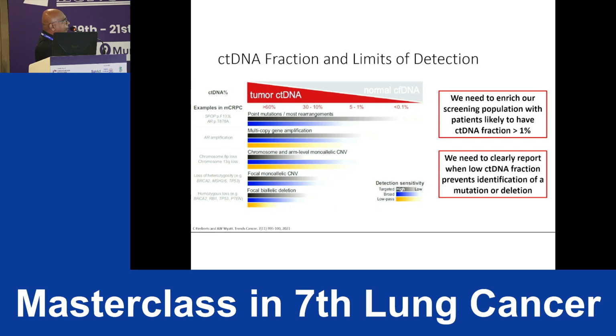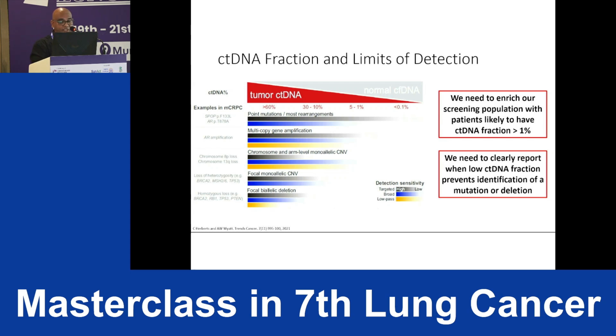That's very important, because I have seen very few reports that come back to your office where the service provider has underlined what the ctDNA fraction was. If the ctDNA fraction was under 1%, then majority of the data you have received is erroneous and would not be reliable.